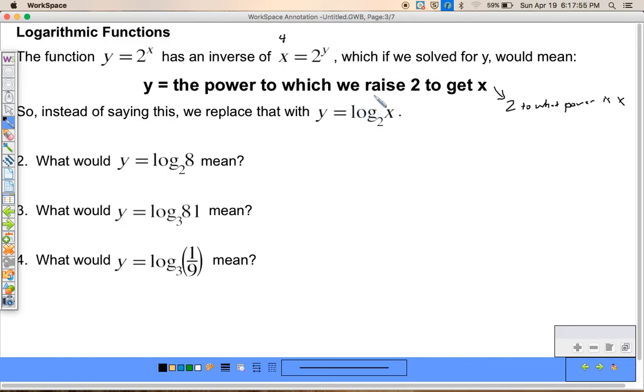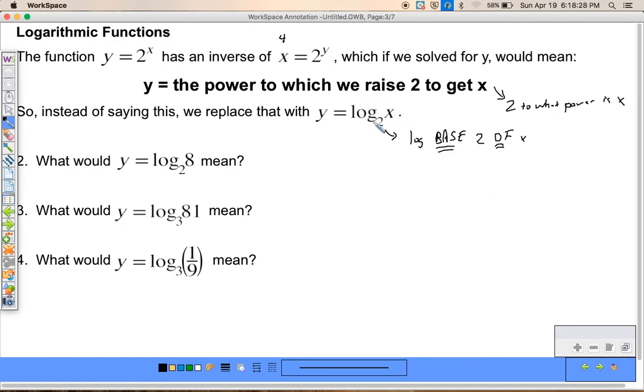Now, we don't want to get in the habit of saying "log 2x" because we don't know what goes here and what goes there, so we give some verbal cues about what's going to be in the subscript and what's going to be in line with the log. The way that we read this is log, and then we have to actually say the word base, 2, and then of x. These two words are super important: log base 2 of x.